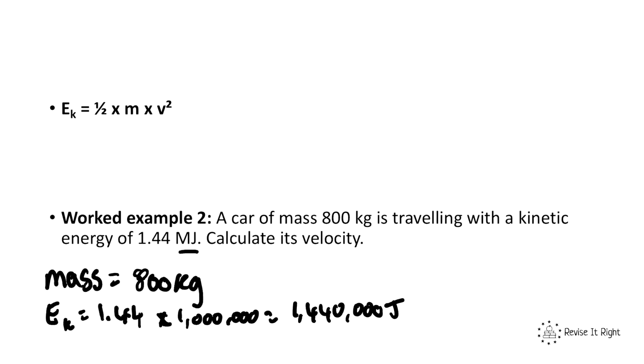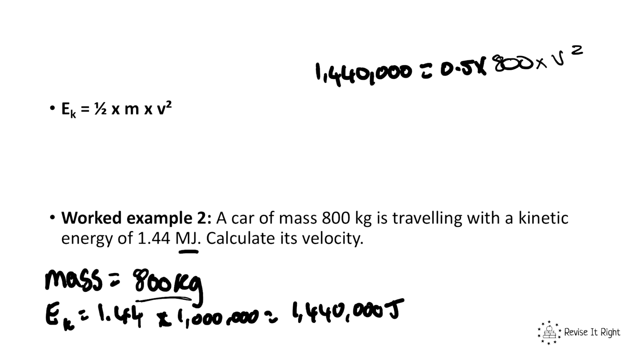And now we have to input these into our equation. So we've got the kinetic energy, which is 1.44 million, is equal to a half times the mass, which is 800, times v squared, which we're trying to work out. So we now need to get v squared and v on its own. So what we're going to do is move the 0.5 to this side, and if it's a times over here, it'll be a divide over here.